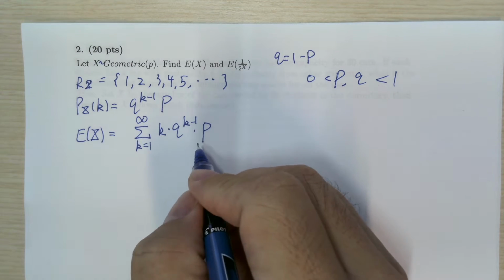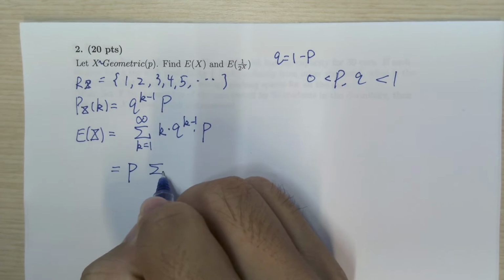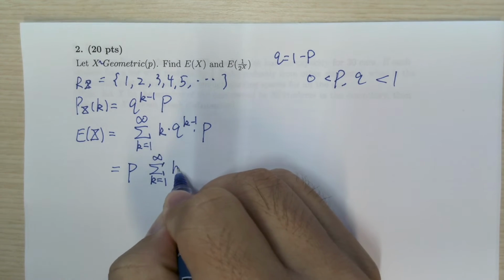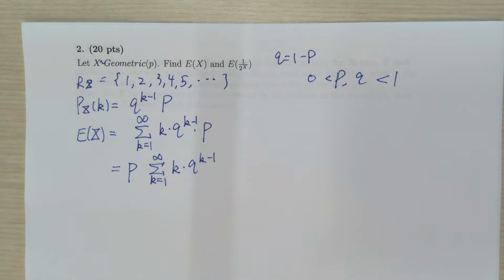So p is a constant, so we can factor this out. There is nothing related to k here. So we have the sum of k times q^(k-1). Okay, so this is what we get so far.